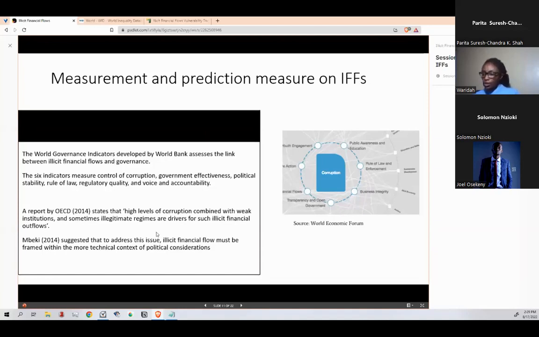So the OECD also states that high levels of corruption are combined with weak institutions and sometimes illegitimate regimes. So these are big drivers of illicit financial flows. And of course, the Mbeki 2014 report addressed illicit financial flows and talked about framing them within a political context.